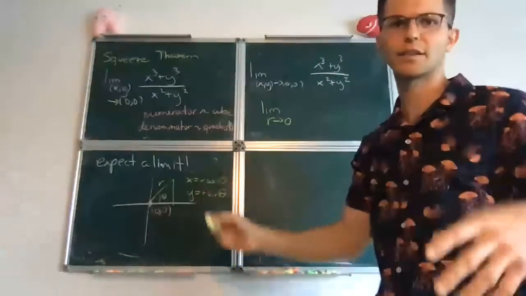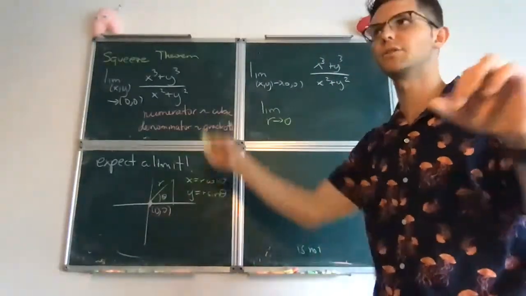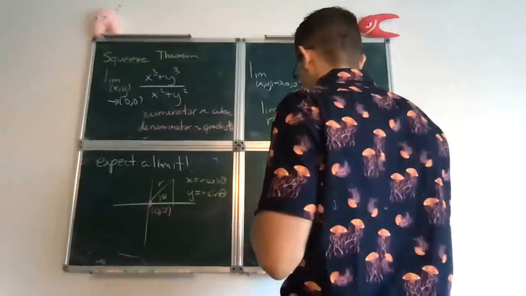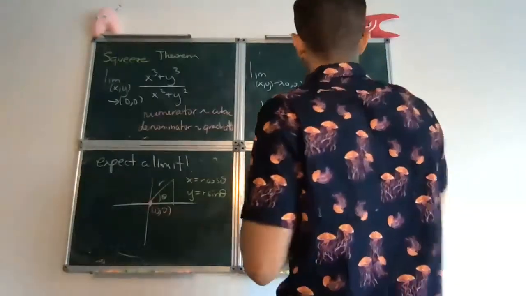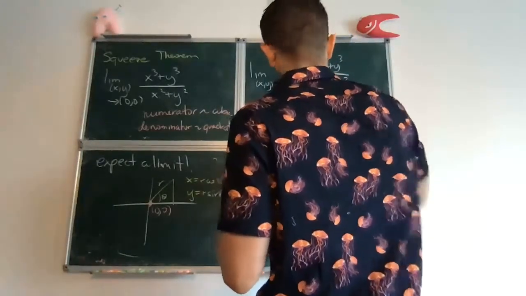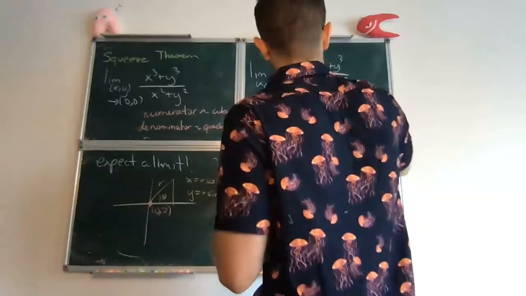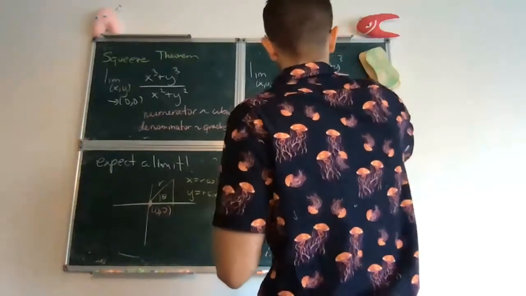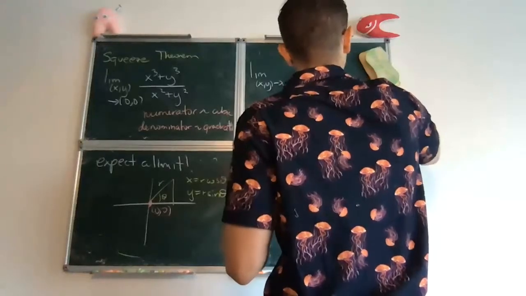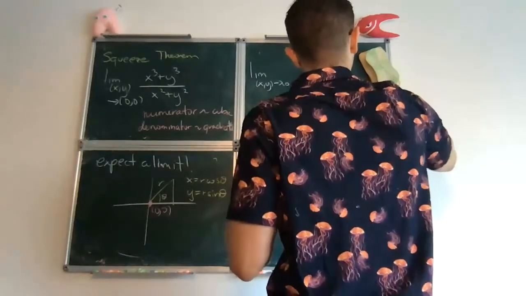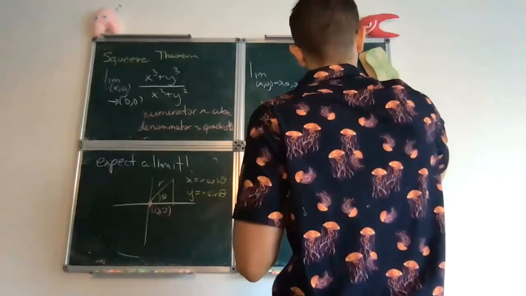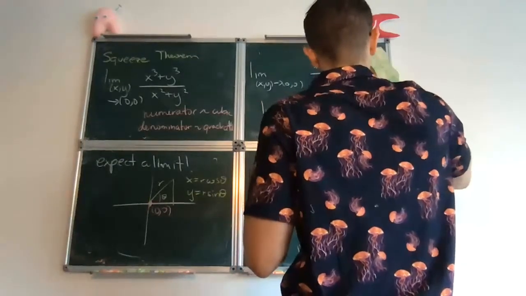Theta can be anything that you want, because you don't need to approach the origin from a specific angle. So you only have control over r, and this becomes r cubed cosine cubed of theta plus r cubed sine cubed of theta over r squared cosine squared of theta plus r squared sine squared of theta.